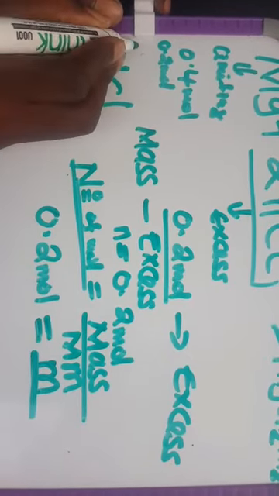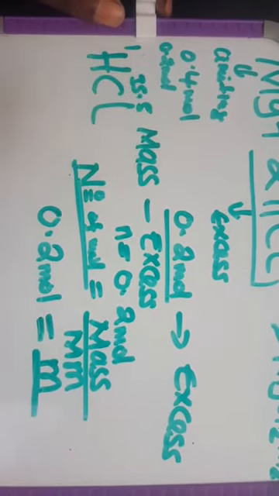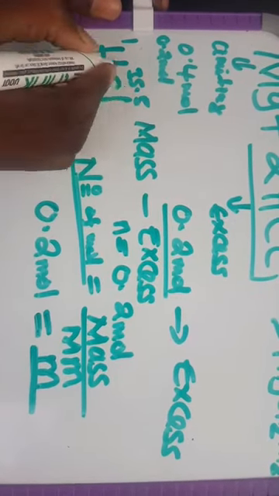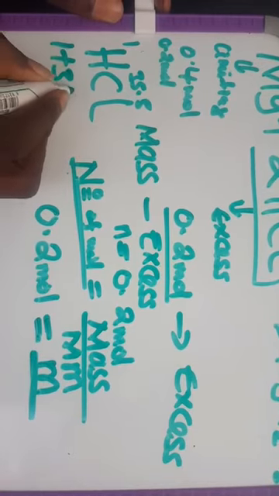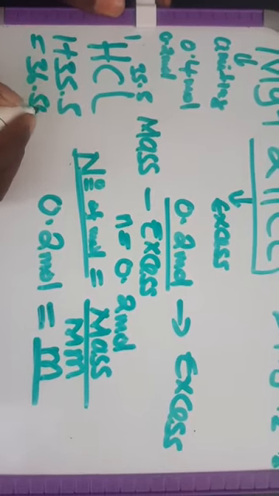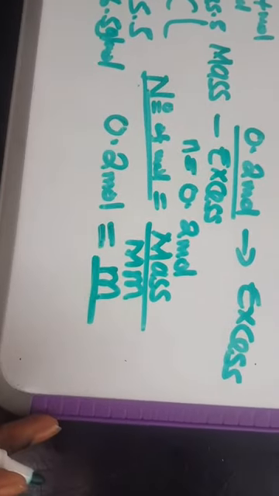So you say here there's a 1, you have 35.5. So it will be 1 times 1, which is 1, plus 1 times 35.5. So this will give you 36.5 grams per mole. This is the molar mass of hydrochloric acid.